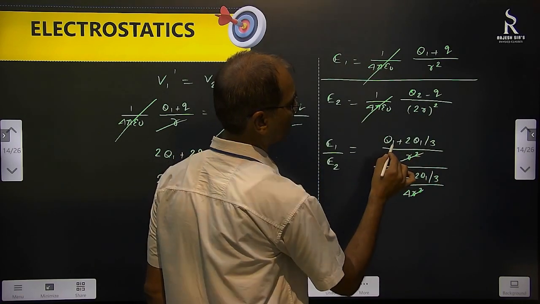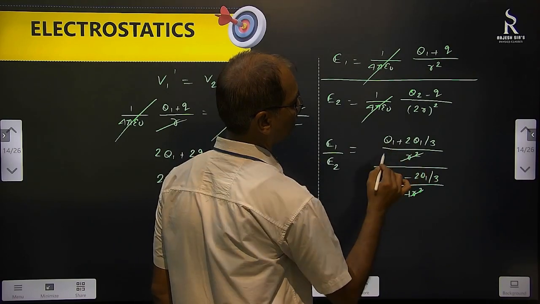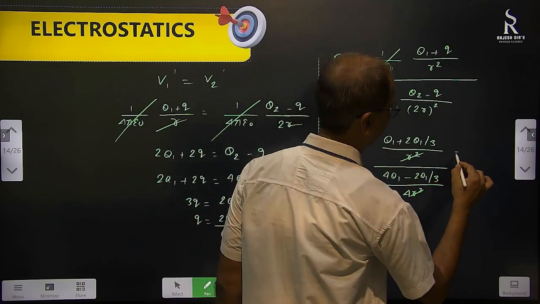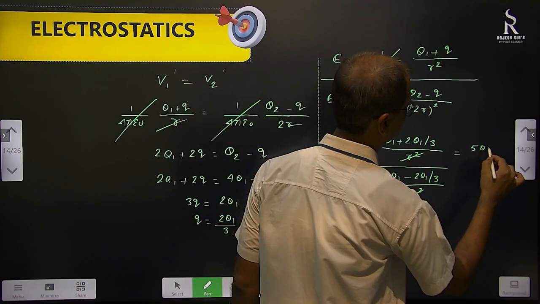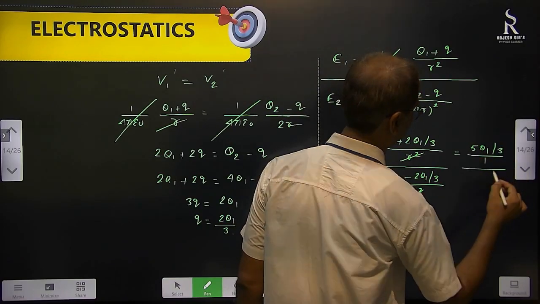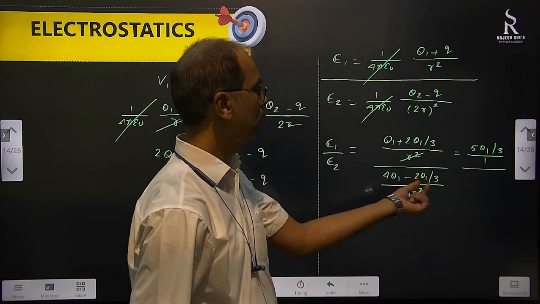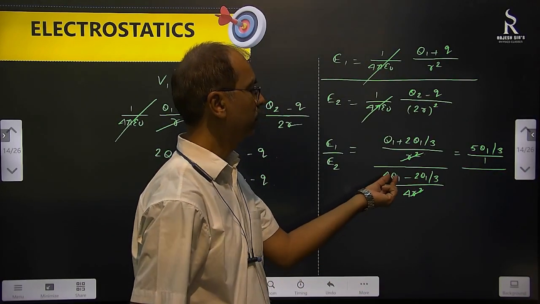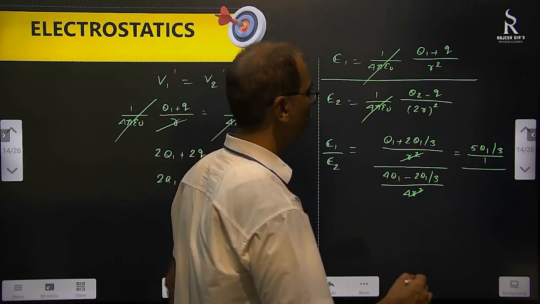Okay, let's do this one. So 3Q1 plus 2Q1, 5Q1 by 3. So we'll write here 5Q1 by 3, by 1. By, this is here 3 into 4, that is 12. 12 minus 2, that is 10Q1.